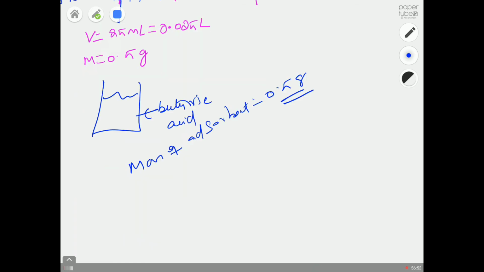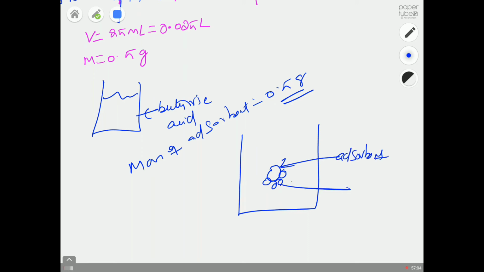If you look into your solution, you have your adsorbent, the solute molecules already adsorbed, and also some solute molecules in solution, in equilibrium with each other.